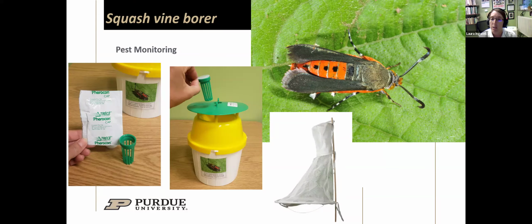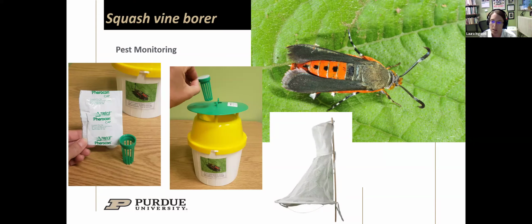And you're capturing males in this. So it's males out on the landscape looking for females to mate with, who will then lay the eggs, which causes the damage. So it helps with timing, determining if the pest is present and the timing of when you would want to make applications of pesticides to coordinate with the egg hatch and killing those larvae before they burrow into the stem and cause damage.